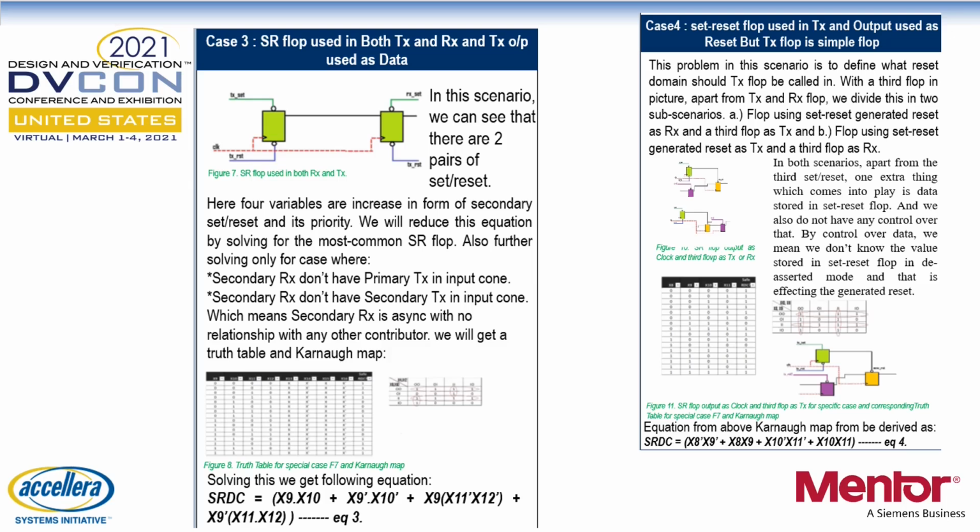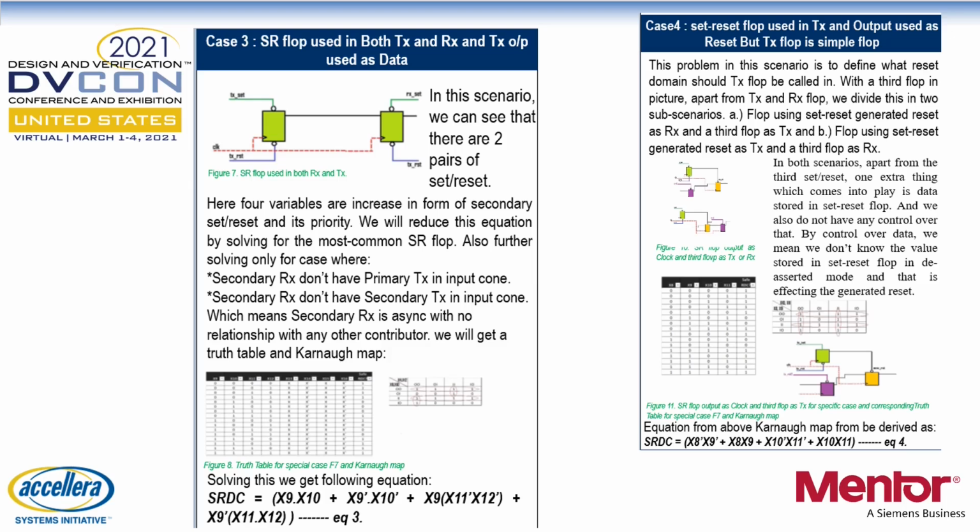Case 4 is a more peculiar thing where we are considering a scenario where the output of an SR flop is used as a reset. You can see that there can be various scenarios, depending on whether that reset is used as a TX reset or as an RX reset.